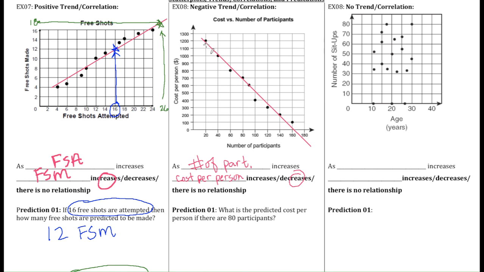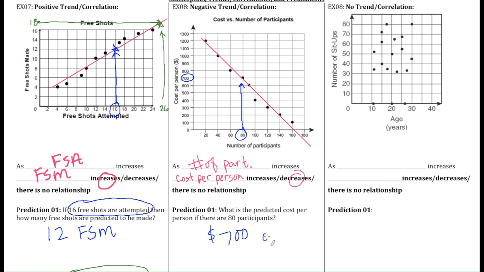Make sure about half is on the left side, half on the right side. Remember that. Trace it. So 80 participants is predicted to fall right on the line, right? It is $700. So that's the cost per person.